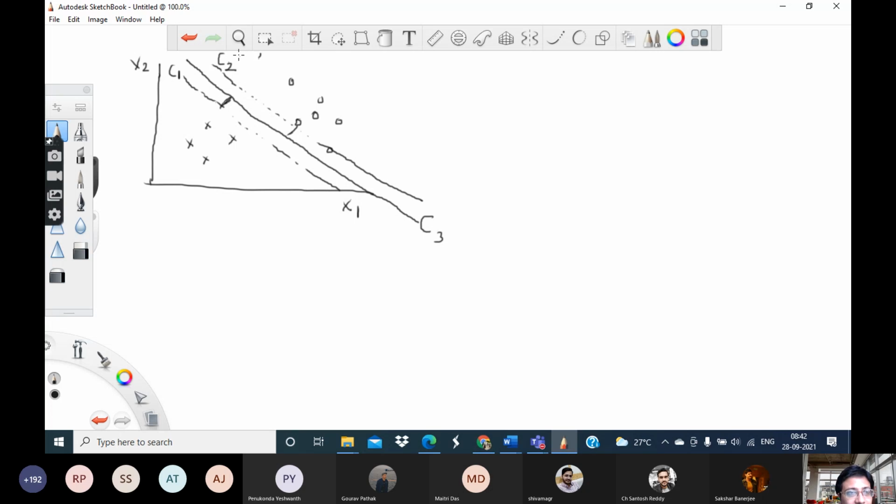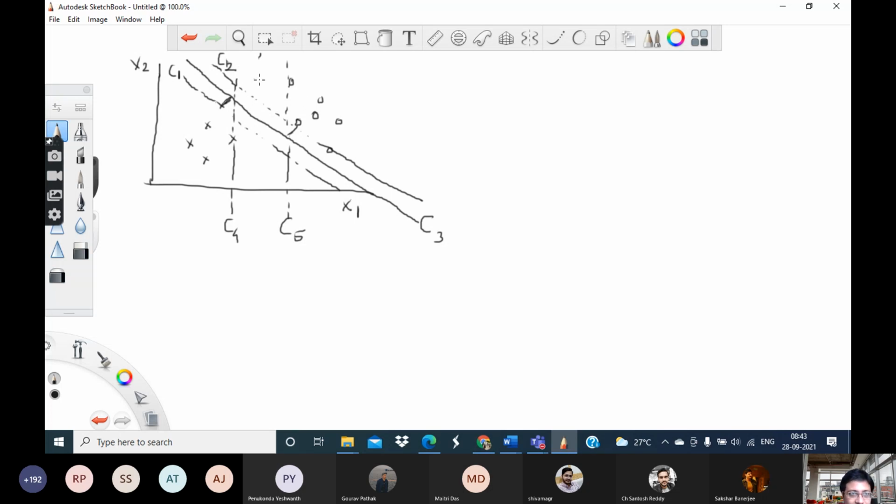Now I consider two other marginal classifiers. Say this one, let's call this C4, and this one C5. You'll agree that both of these are also marginal classifiers.